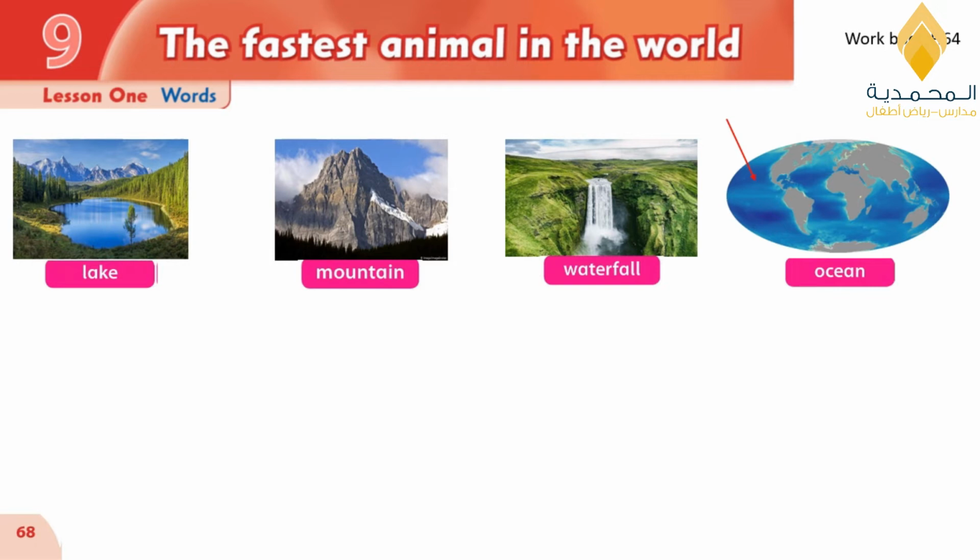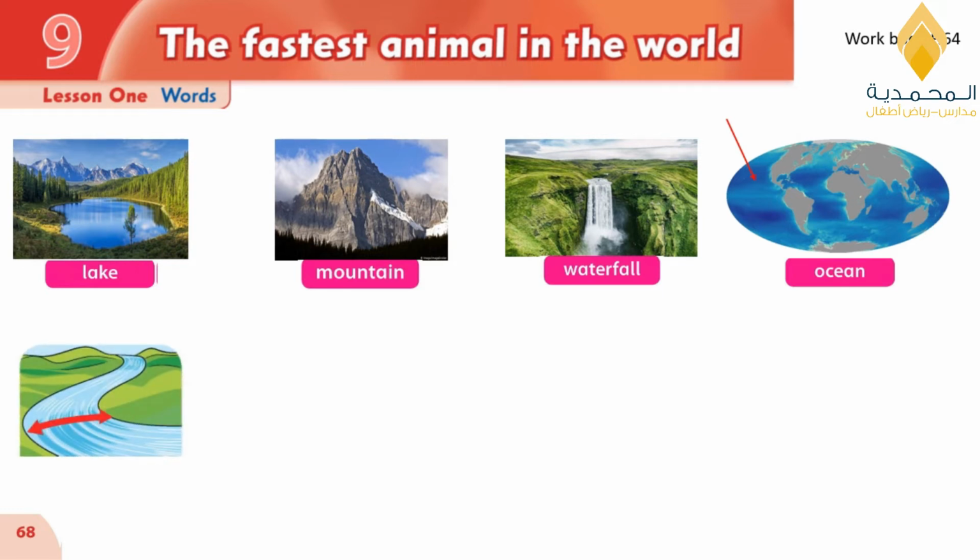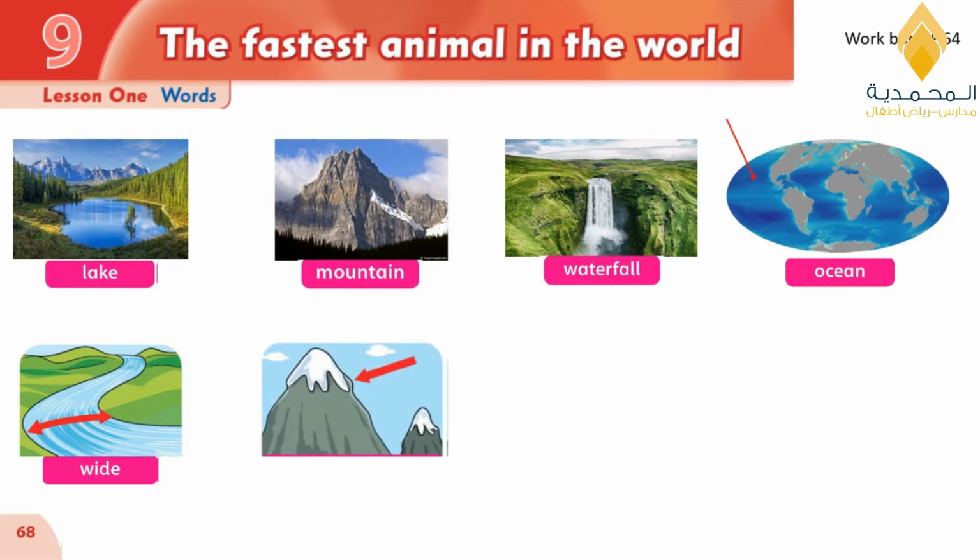And now I will show you some pictures. You have to tell me what is the suitable adjective that describes each picture. Here, what's the suitable adjective? Wide. Wide. Look at this picture. We have 2 mountains. One is big and the other is small.